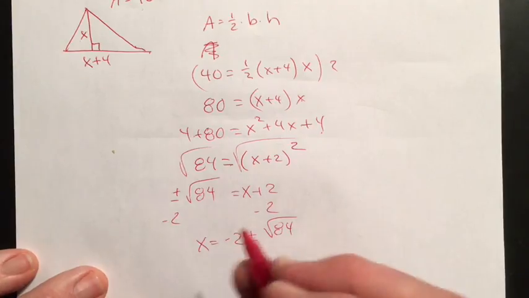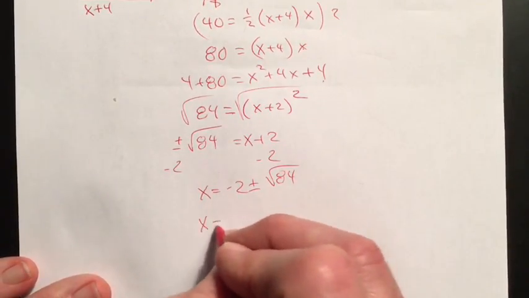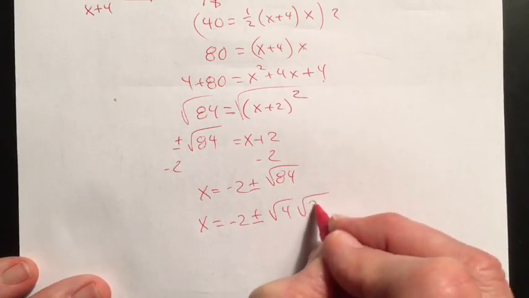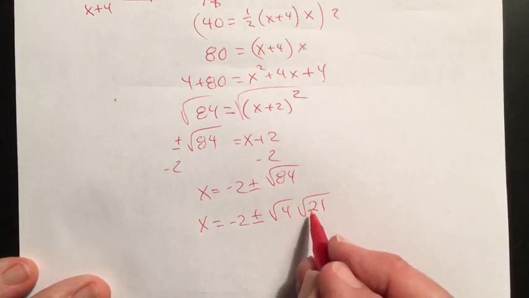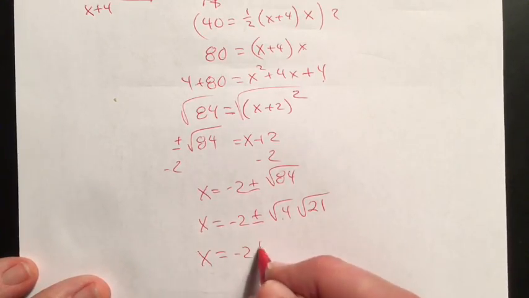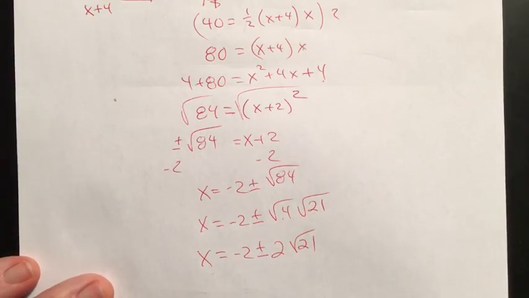And I guess 4 goes into that, so we can factor that down a little bit for ourselves. x equals negative 2 plus or minus square root of 4 times 21. 4 times 21 is 84. That becomes a 2. So x equals negative 2 plus or minus 2 square root of 21. And there's your two answers.